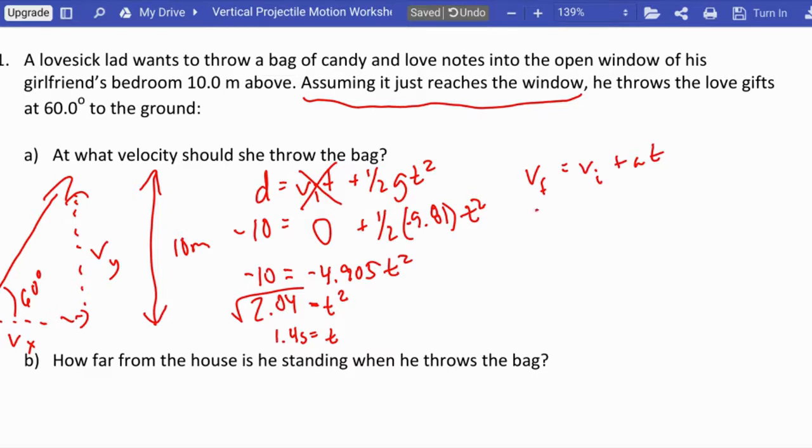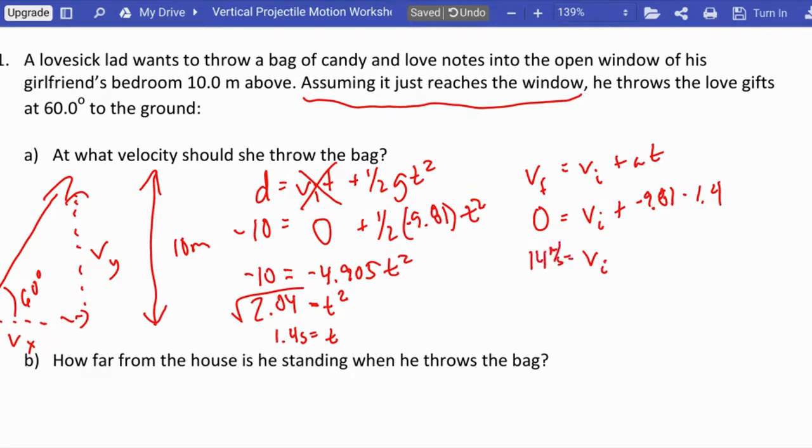So the velocity final when it reaches the top of its motion is going to be 0. It's going to stop. Acceleration is going to be negative 9.81, and the time we know is 1.4 seconds. So let's go ahead and figure that out. The velocity comes out to be 14 meters per second.